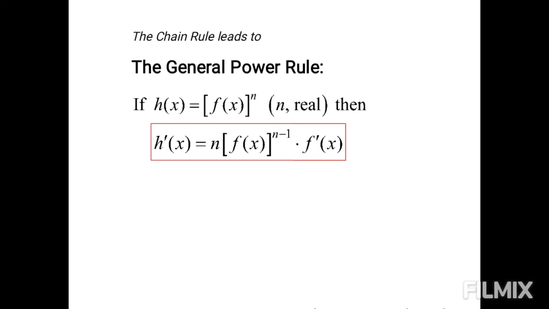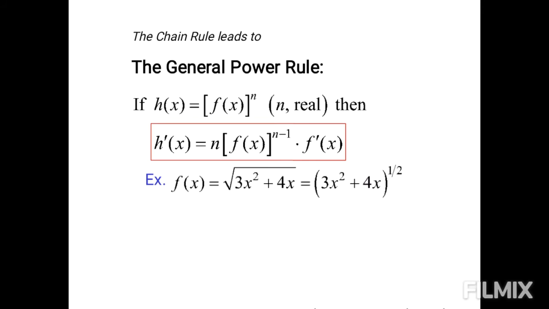The derivative of the power of a function is equal to the power n, times the function raised to the power n minus 1, multiplied by the derivative of the function. That's why we have f prime x here.